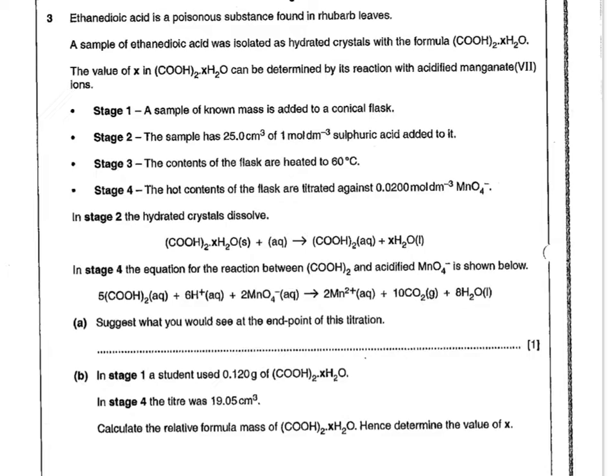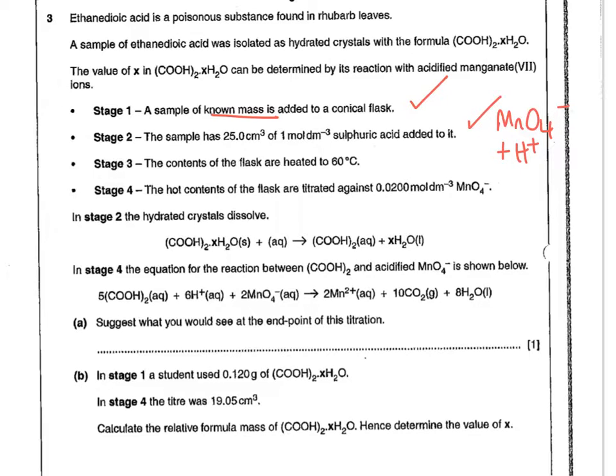So again, we've got a set of stages. And you can see a sample is added to a conical flask of known mass. The sample has 25 centimeters cubed of sulfuric acid added to it. Now that's to make the MnO4 minus have the hydrogen ions to react with.